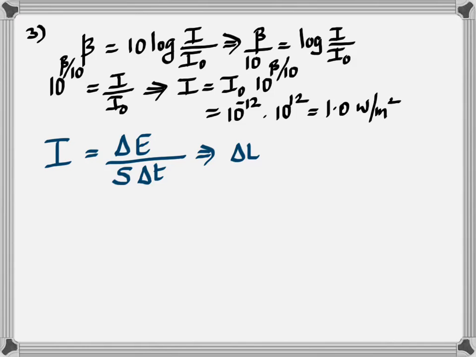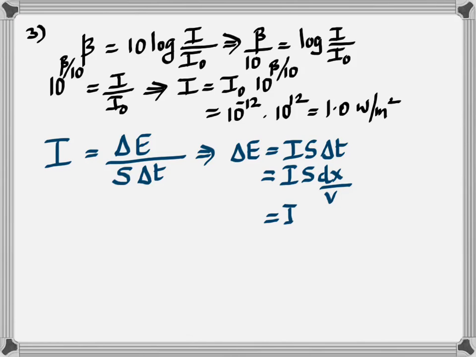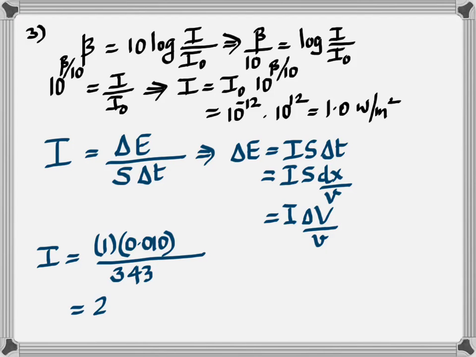That's what I've written. Energy per second per unit surface area. We were using S, trying to stick to the textbook symbols. And therefore, to find energy, all you got to do is rearrange. And then you know that delta T, which is time, is distance by velocity. See all the substitutions that come in? Okay. Therefore, there you go. Answer.